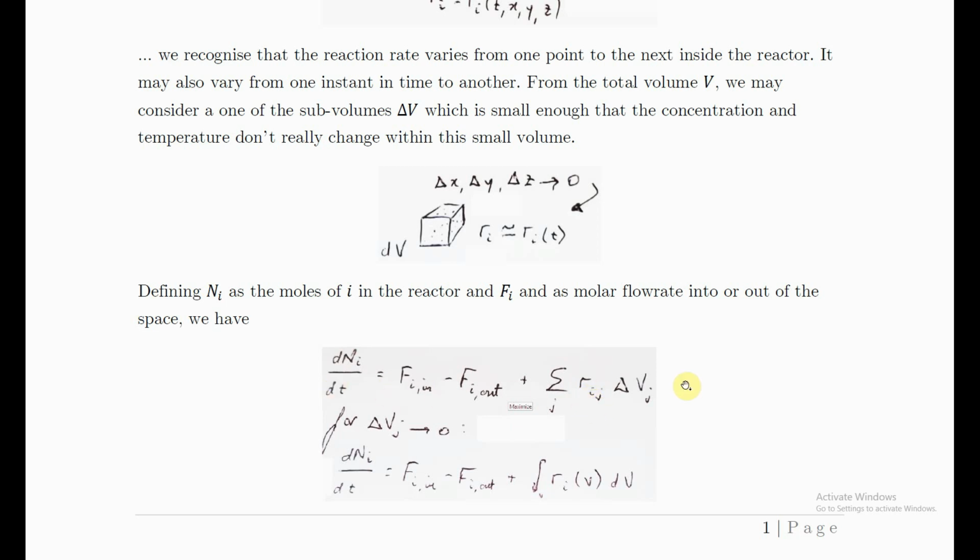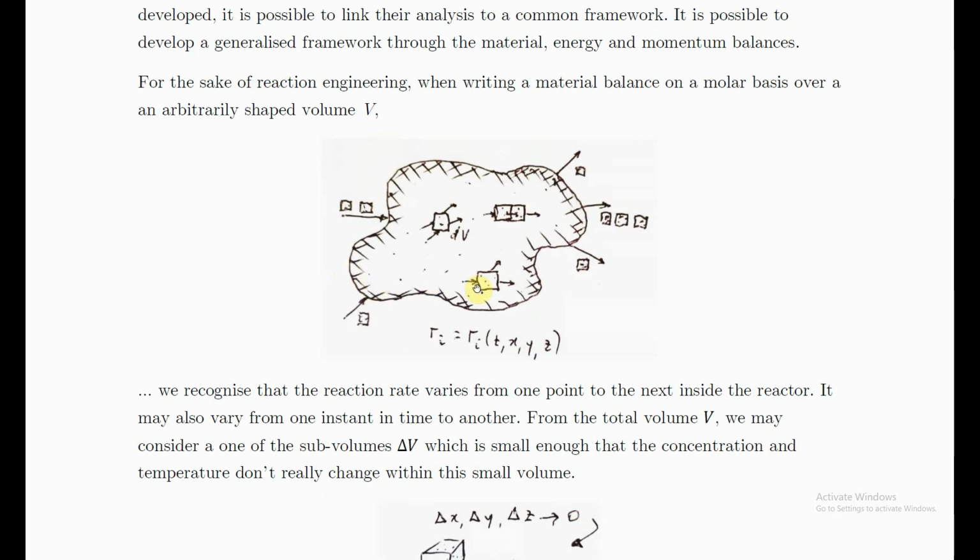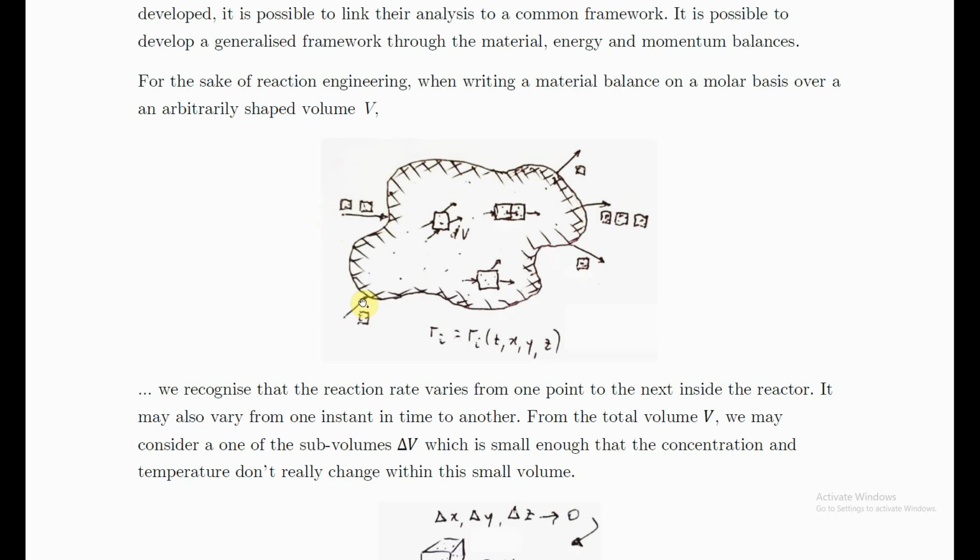So anyway, if we look at this whole balance, in the space there's a certain total rate of change of your component I number of moles, and that is a result of the flows coming in. So the rate of change in the space must equal the rate due to the addition of component I here, minus the rate due to removal of component I here, plus the rate of formation of I across this entire space.